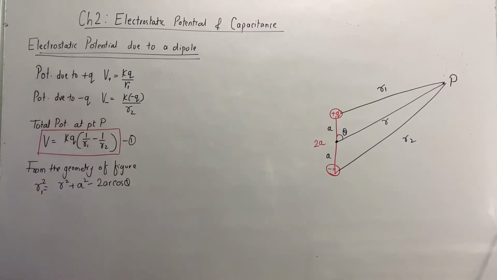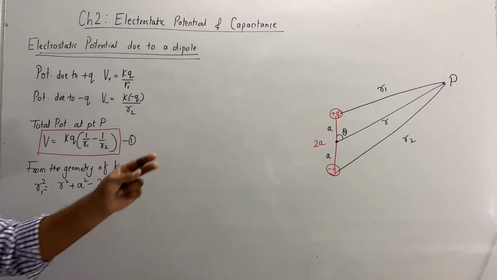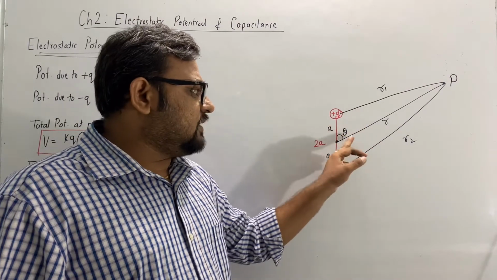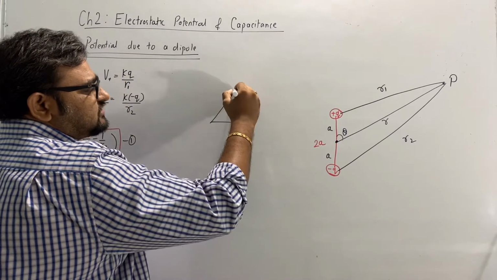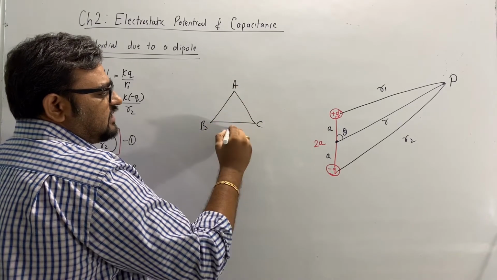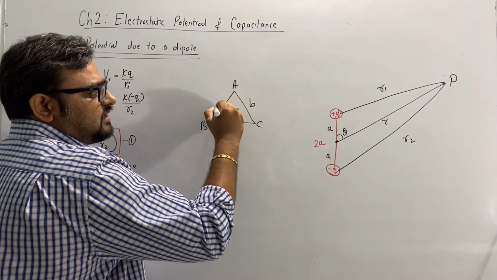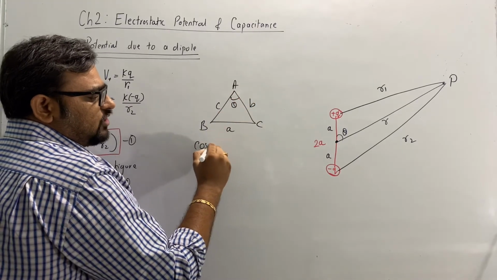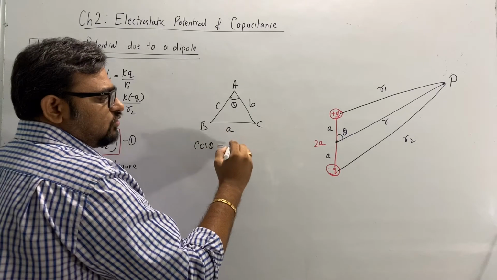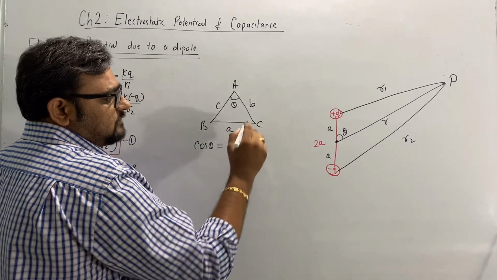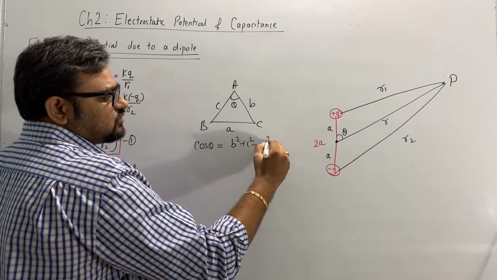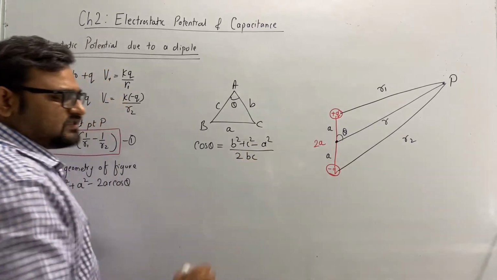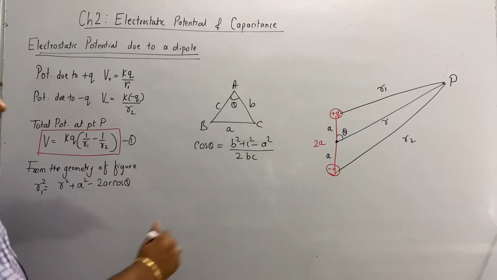Now how did I get this? You can take different methods like vector addition. The angle between the two vectors will be 180 minus theta. Or else you can take the cosine rule, which you might have studied in mathematics in standard 11. If the sides are A, B, C, opposite to angles A, B, C, and this angle is theta, then according to the cosine rule, cos theta will be equal to B square plus C square minus A square upon 2BC. Clear? So here, if I take this triangle, this angle is theta.